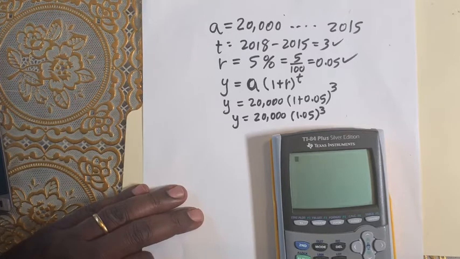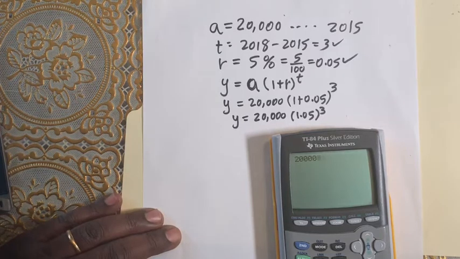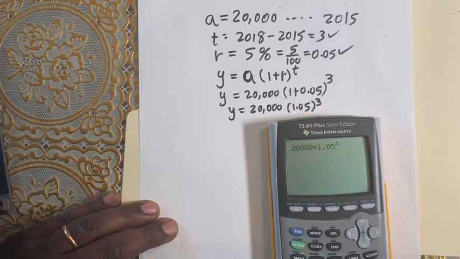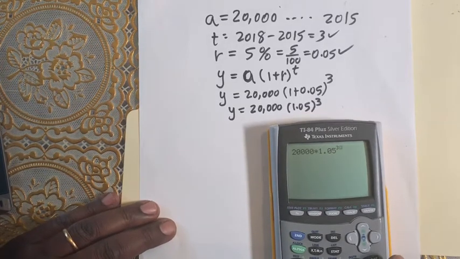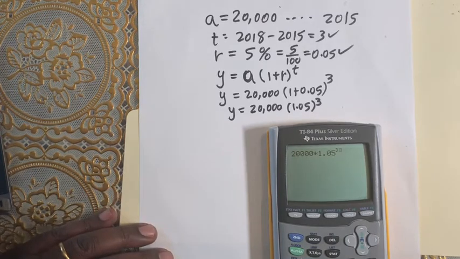So what I would do is I place 20,000, which is the initial amount, times 1.05 to the power of 3. Remember that the inverted v lets me write the exponent. So this is what we get as our result.